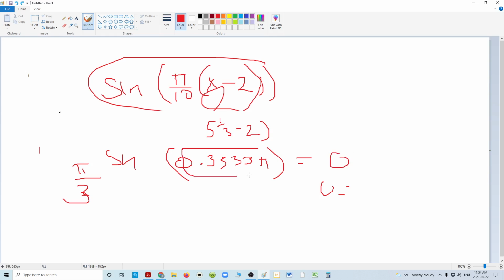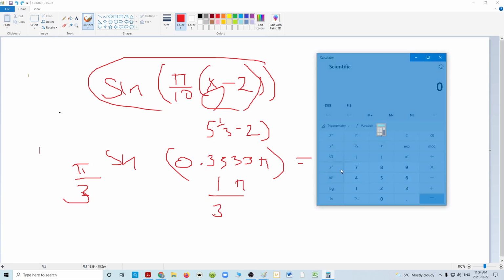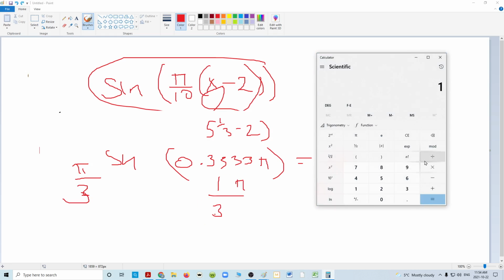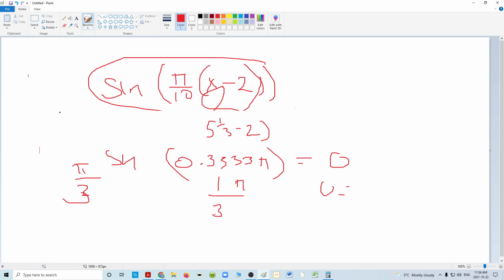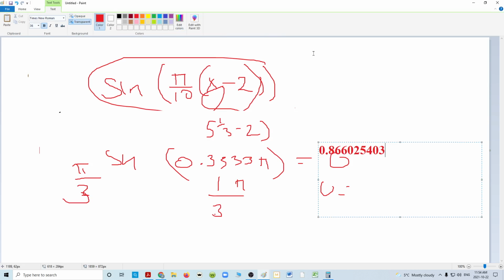But what is that? That is 1/3 pi. If I do sine of that, now I'm in radians, so you got to switch to radians. And if I hit sine of that, sure enough, I get the result that we started with. Sorry for all the confusion there.